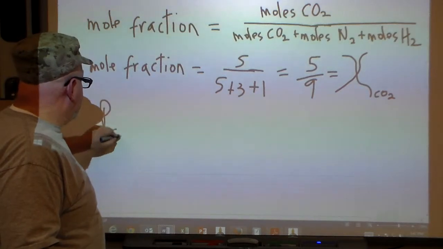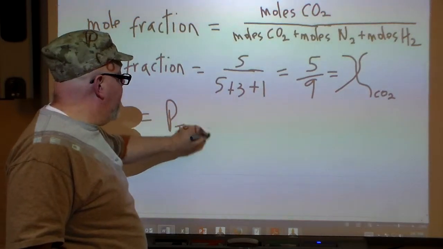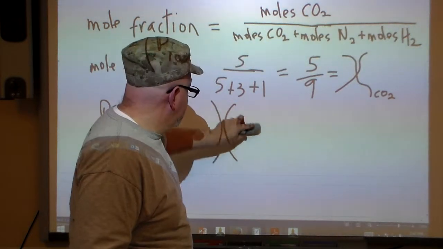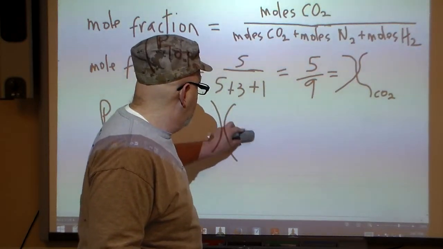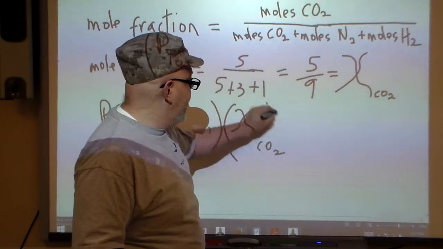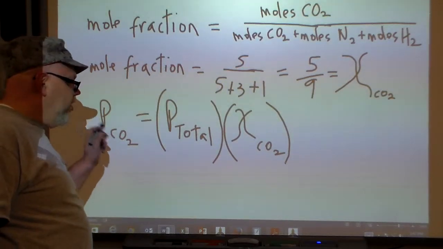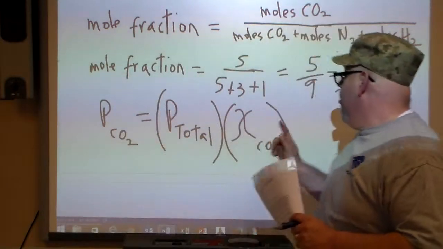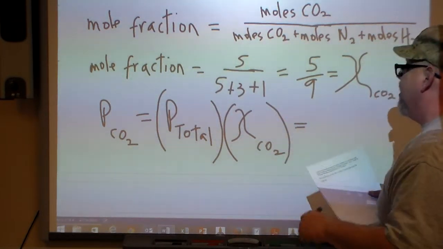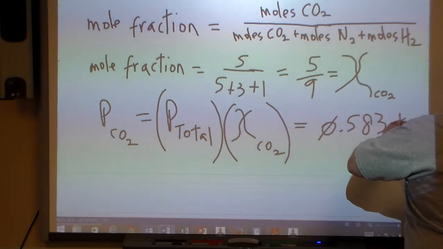So, if we're looking at the partial pressure of the CO2, that's going to have to equal the total pressure, this is the formula, guys, multiplied by the mole fraction of carbon dioxide. Yeah, that's exactly it. So the partial pressure of carbon dioxide is equal to the total pressure multiplied by the mole fraction of carbon dioxide. And in the end, what we end up getting as our final answer is 0.583 atmosphere.